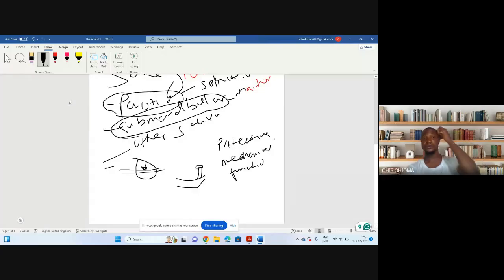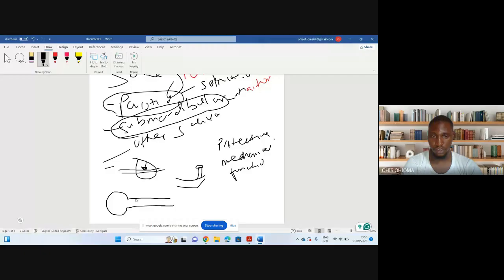So there are different parts. We're going to talk about the physiology of the salivary glands. So basically, what you need to know about the salivary gland is that, let's say this is the gland itself, and then these are the ducts, right?